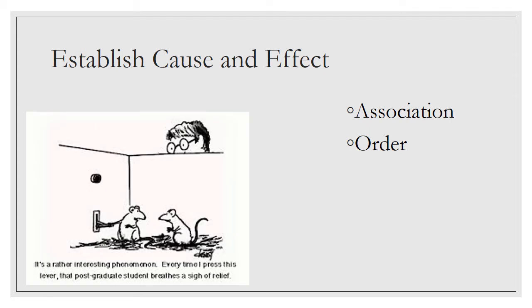Here's a little silly cartoon where the mice are hitting the switch and observing the experimenter. So order matters when we start to think about causal relationships and the claims we would like to make. And also, there's this idea of what we call non-spuriousness.